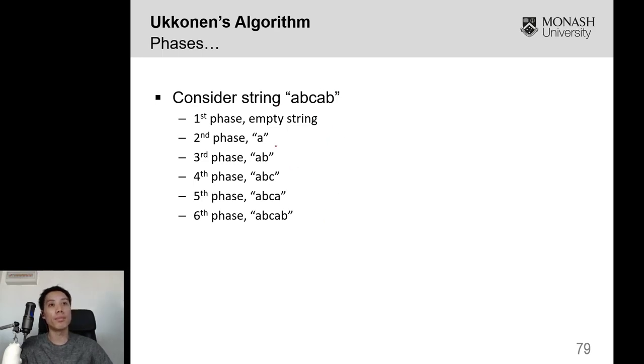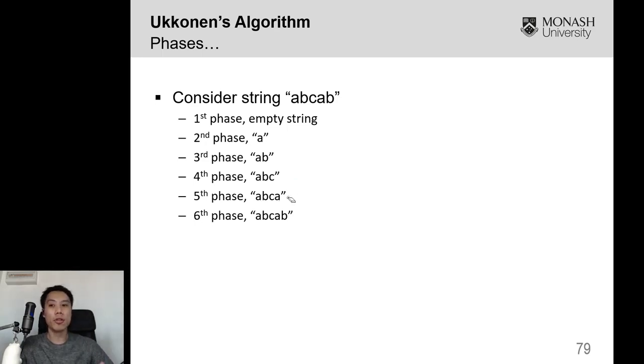To be more specific, when you go from the 4th phase to the 5th phase, you're adding a new alphabet. When you go from the 5th phase to the 6th phase, you're adding alphabets. So you're actually growing.